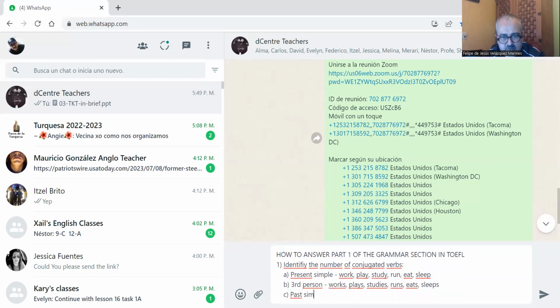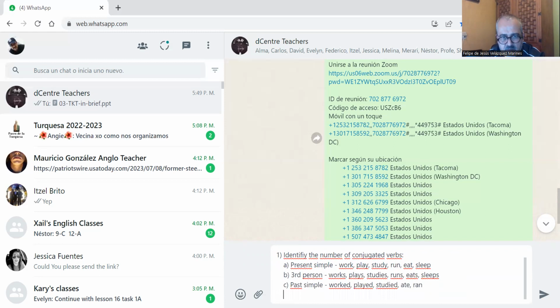Past simple verbs: worked, played, studied, ate, ran.